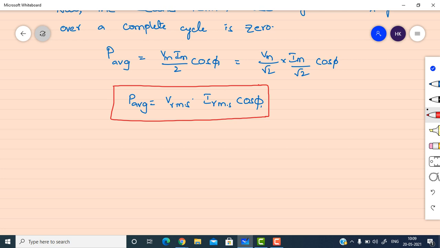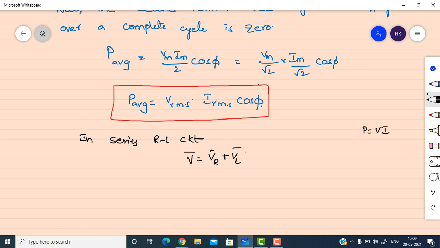Now let's draw the power triangle for this. In the series RL circuit, we have the voltage equation: total voltage V is equal to VR plus VL. Right? Now I want the power triangle. These are all voltages. Power means voltage into current.